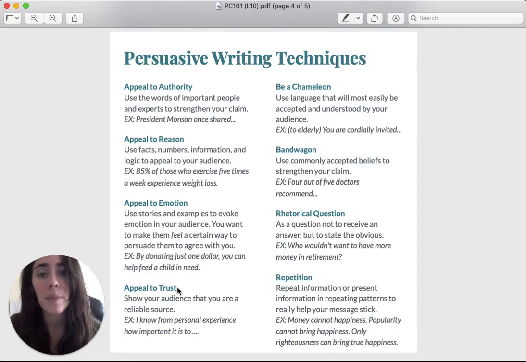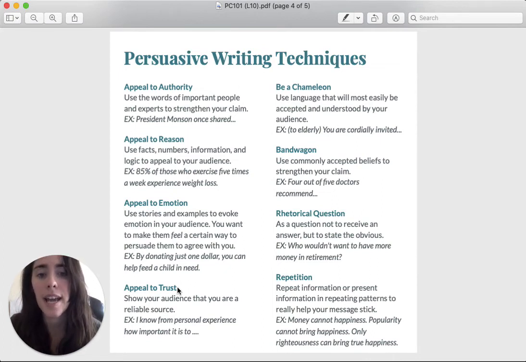And then finally, repetition. This is where you could create a pattern or a familiarity with your audience. You want to repeat information or present information in a repeated pattern to really help the message stick. These are sometimes the phrases that you see with a lot of repetition in the beginning of it. So, for instance, money cannot buy happiness.